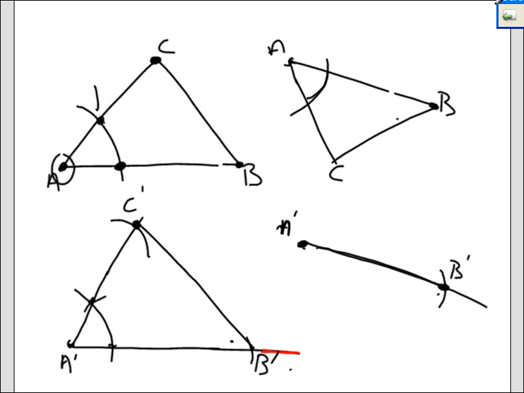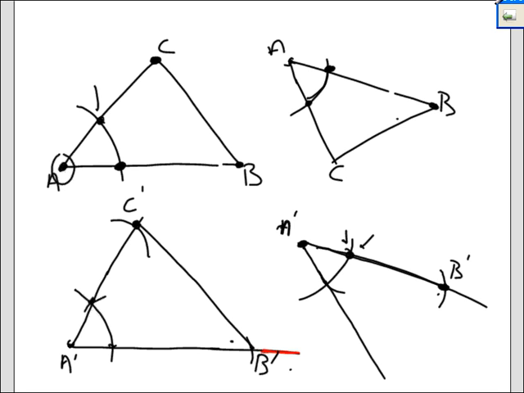You put your compass at A prime, and you draw an arc. Now, you put your compass needle here, which is the same as this point, and you open it up to this. Now you put your compass needle here, keeping the same opening, you go like that. Well, we now duplicated the angle.